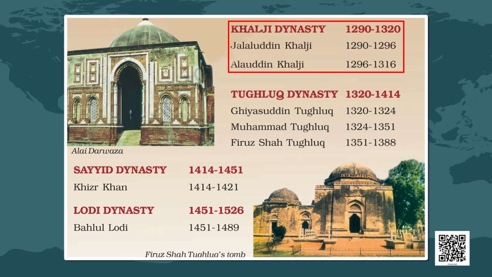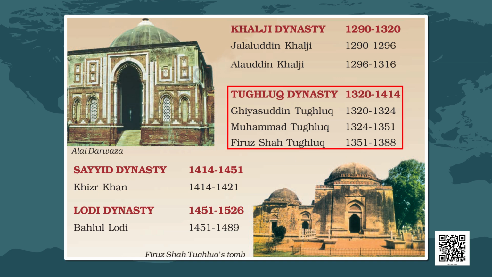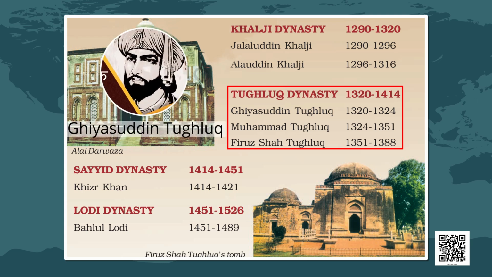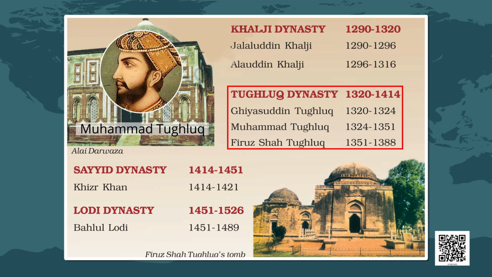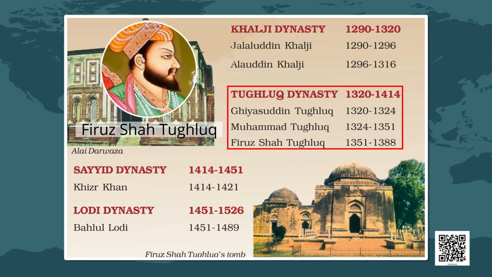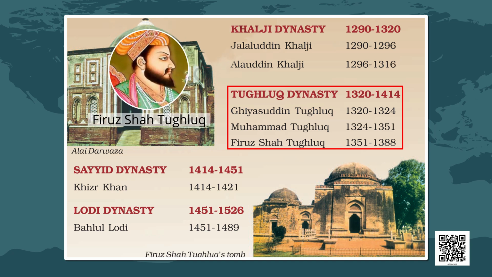After the Khalji dynasty, the Tughlaq dynasty ruled Delhi between 1320 and 1414. Ghiyasuddin Tughlaq, 1320 to 1324. Muhammad Tughlaq, 1324 to 1351. Firoz Shah Tughlaq, 1351 to 1388. All ruled Delhi.